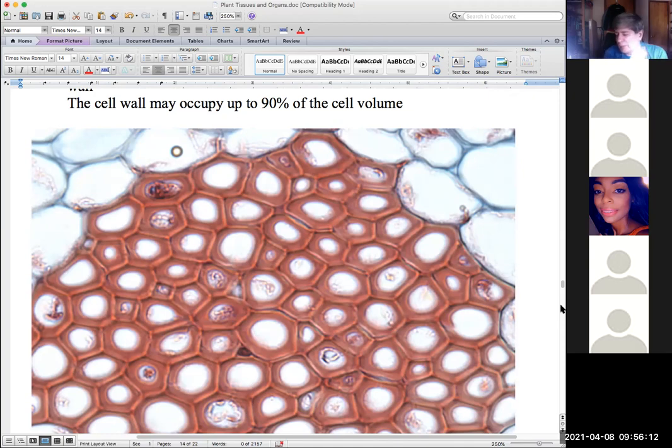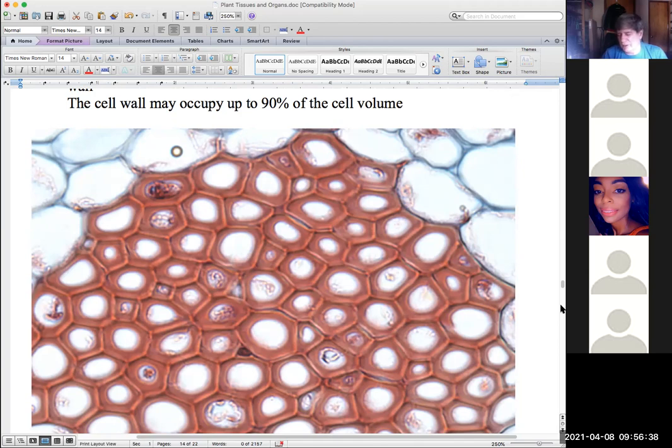Now, when we look at parenchyma cells and collenchyma and sclerenchyma, one of the things we see is that some of these cells are associated with xylem or phloem. So when we talk about vascular tissue, it might have some parenchyma cells in it or some sclerenchyma.